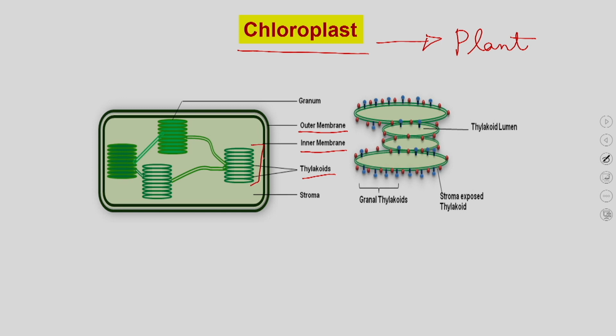You can imagine that this is the granum part, and the thylakoid membranes are arranged in a coin-like structure, and that is called the granum. These grana contain different types of photoreceptors, such as photosystem 1 and photosystem 2.